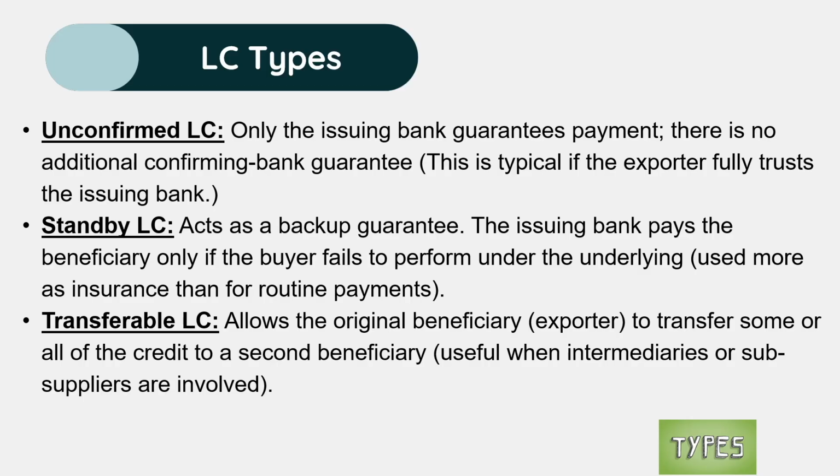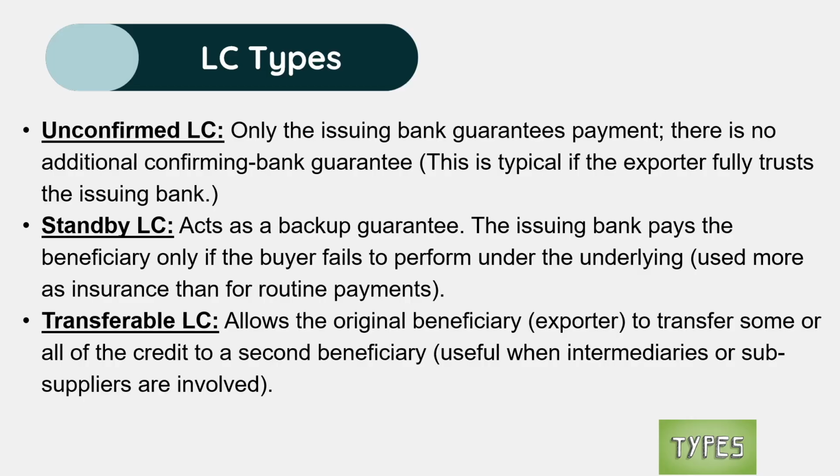There are bank charges also: when a confirmed LC is there, both banks take some charges, while in the case of an unconfirmed LC, charges are comparatively less. I suggest you ask your bank what the charges are in case of confirmation, so you have an idea, otherwise the bank is free to charge anything to you.